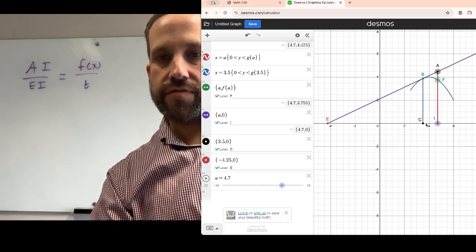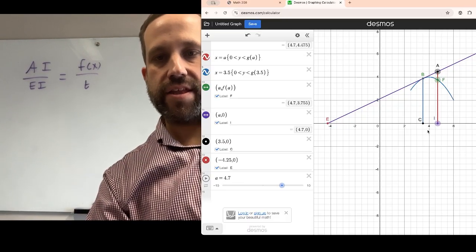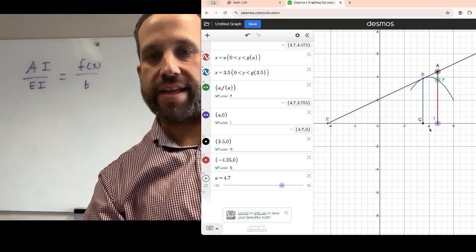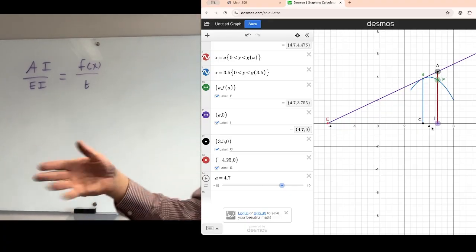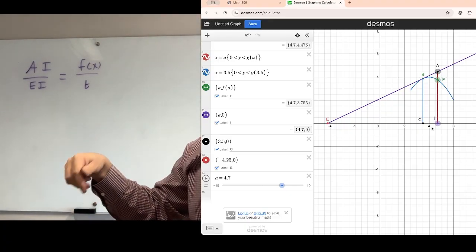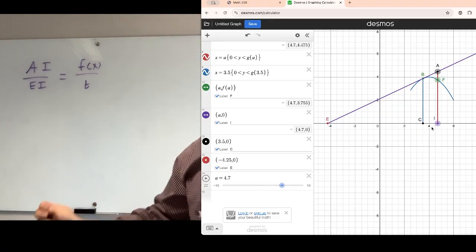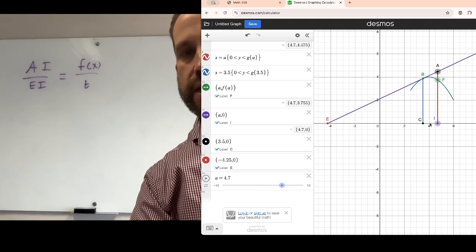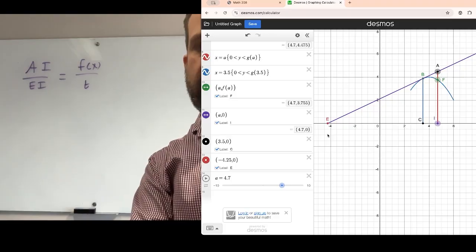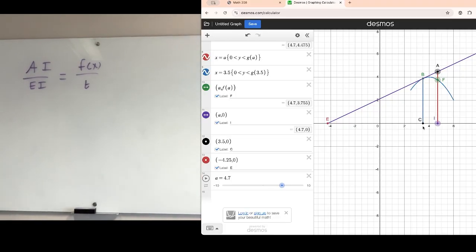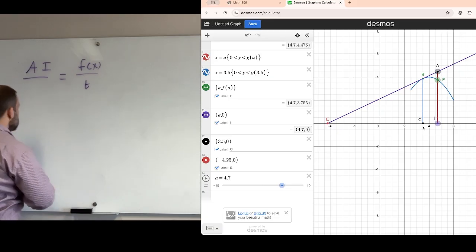Now this distance from C to I, we're going to call E. That's going to be our lowercase e value. So before on the board we were doing x and x plus e. So we're going to call this distance right here E. What this means is that EI is going to be equal to T plus E.